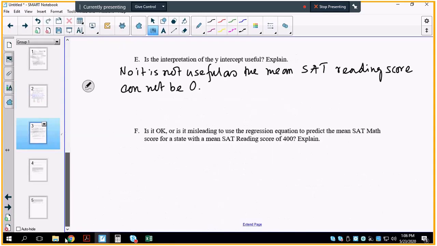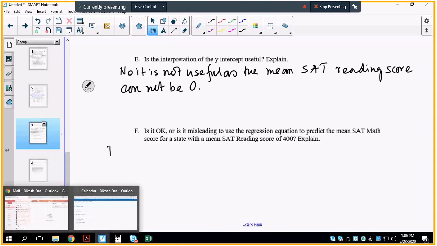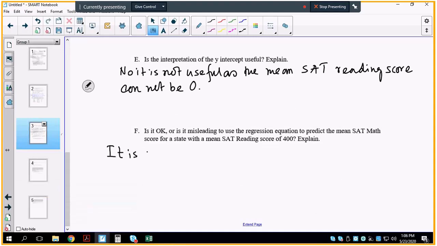So what will we say? We will say it is misleading. We should not predict a value for an extrapolation.